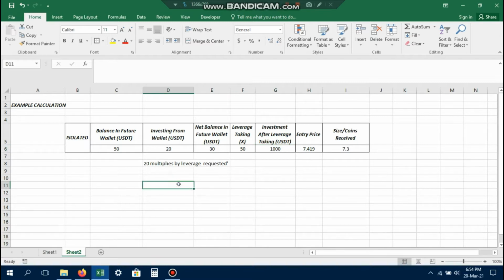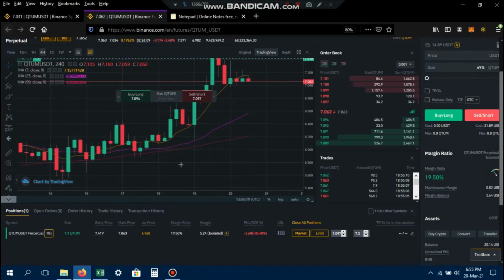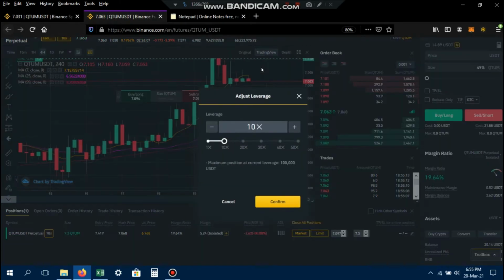It seems so fascinating and so good, but always remember, with bigger chance of profit you can have the biggest risk of loss. It seems very cool that you can go to 50x and multiply your investment 50 times. But always remember, with big profit you have the chance of biggest loss, and the same can happen.